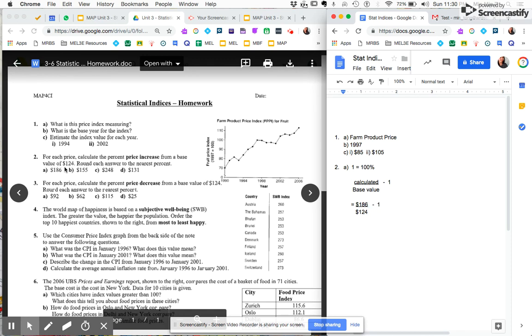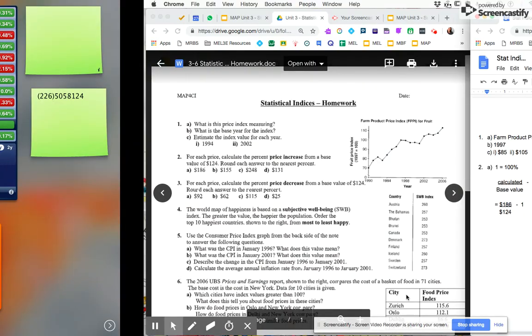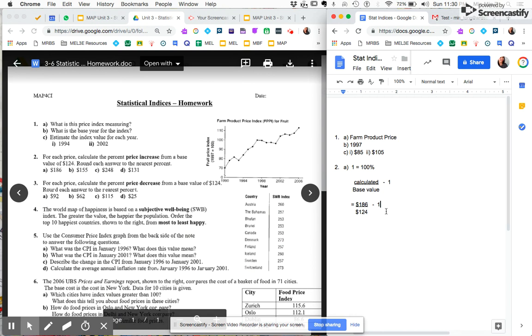And so if I do that, 186 divided by 124, it's going to be 1.5. So my answer here is actually 1.5 minus 1.